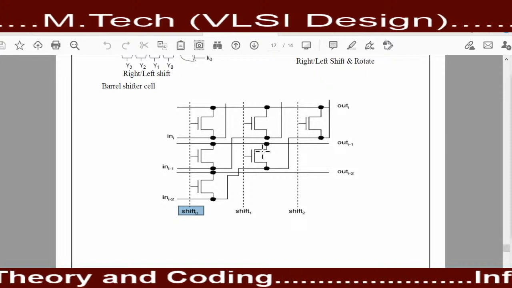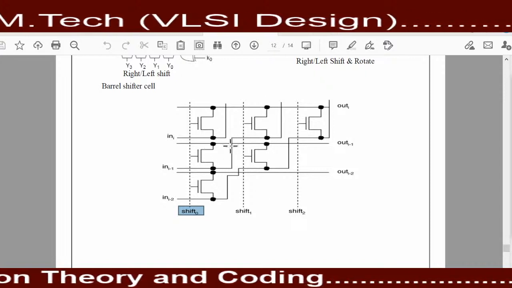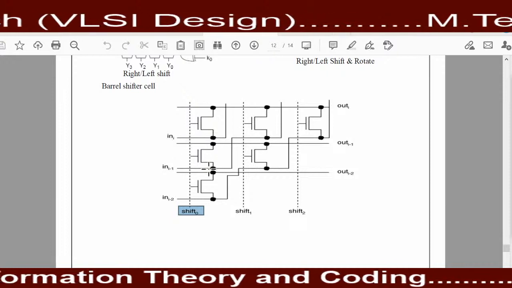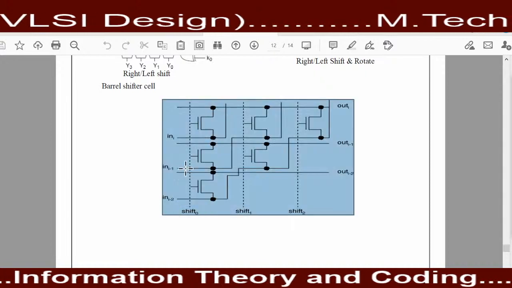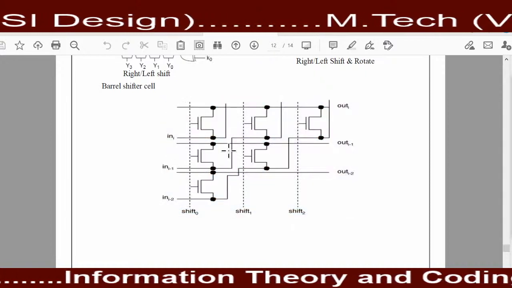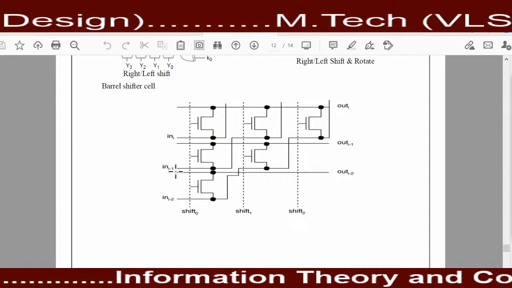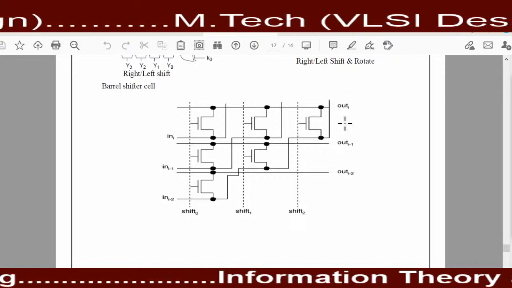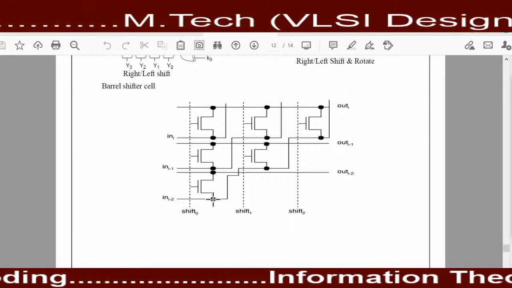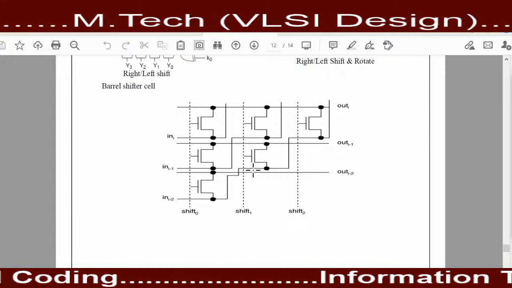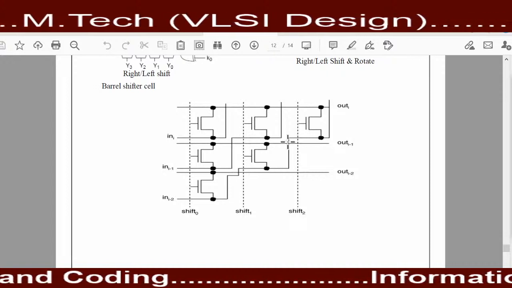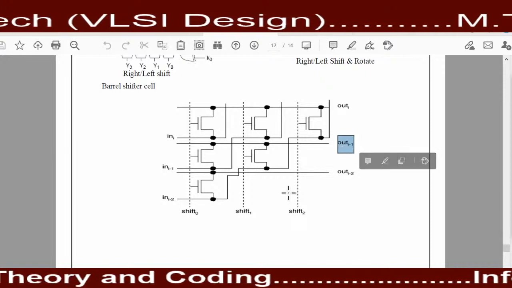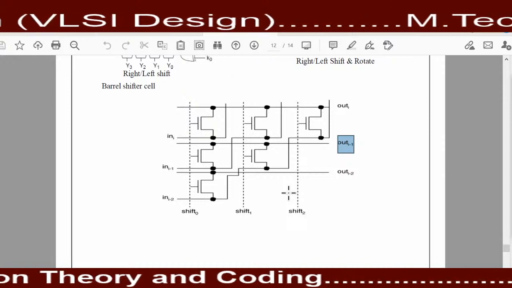So what happens? This input i minus 1 is transmitted to output i. Likewise, input i minus 2 is provided to output i minus 1. It means that it shifted by 1 bit.